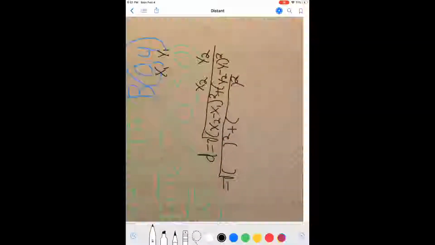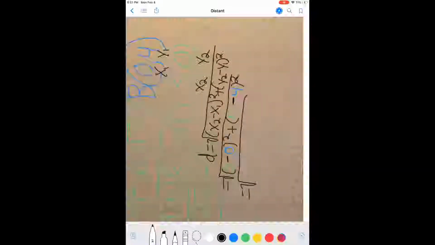There's also always subtraction in between. So I'm substituting in my B and my C. So my x2 is going to be 3. My x1 is going to be 0. My y2 is going to be 0. And my y1 is going to be 4. So I substitute these in.